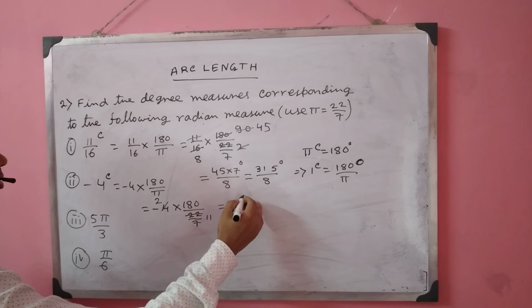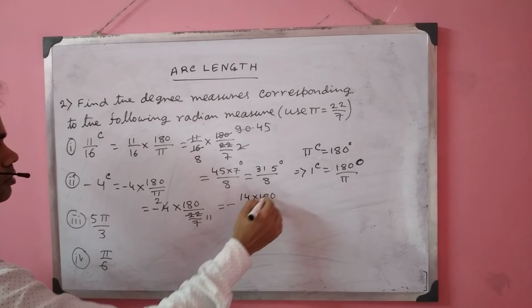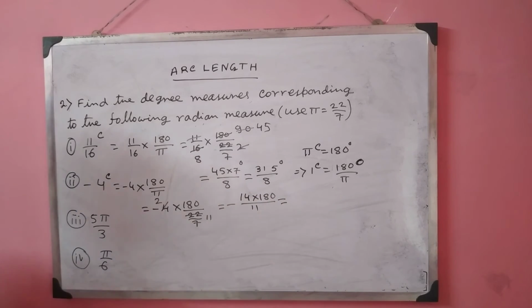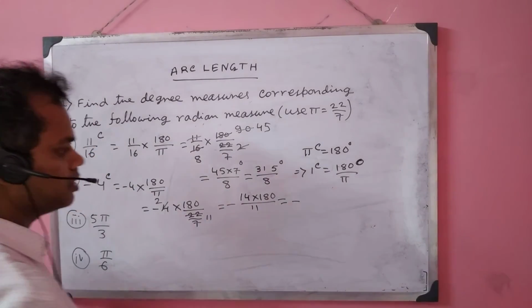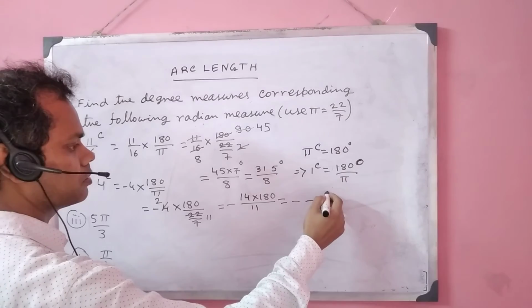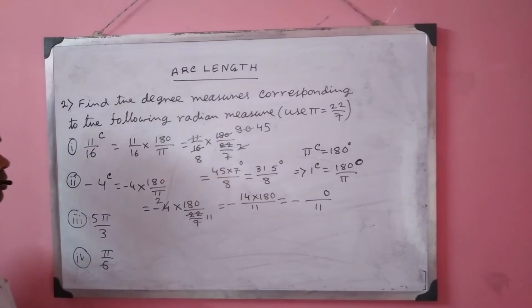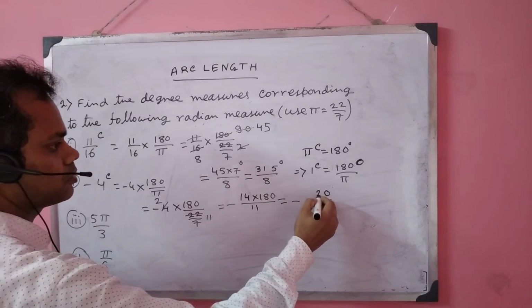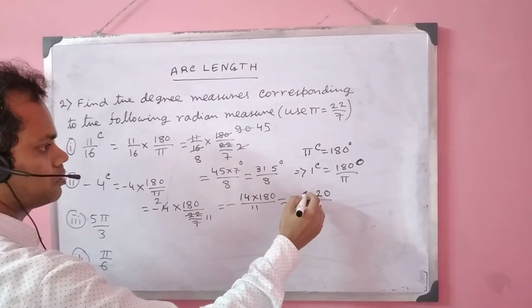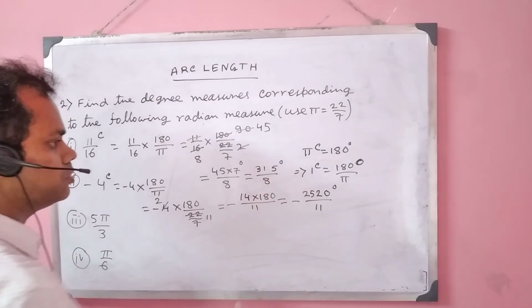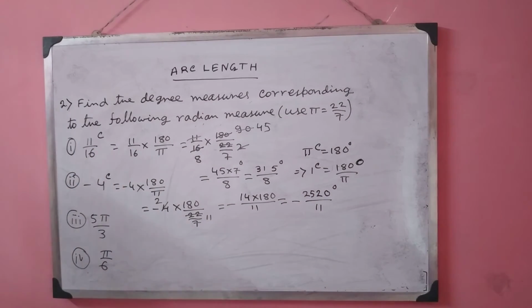So minus 14 into 180 by 11 is equal to minus 2520 degree by 11.